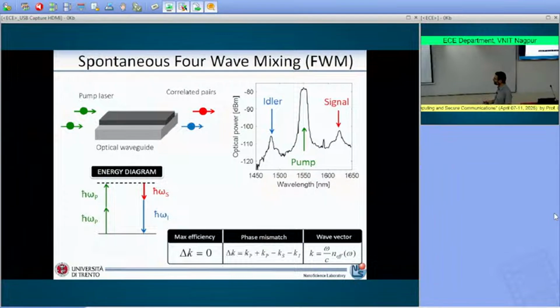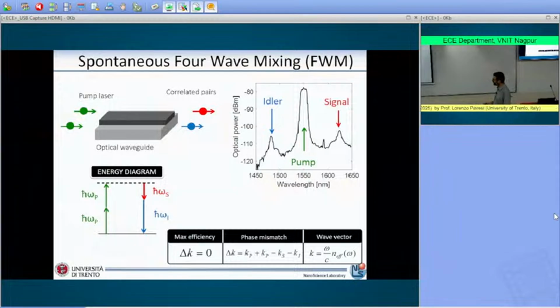In this process, we have two photons propagating inside the optical waveguide, and then they spontaneously annihilate, generating a pair of photons that are correlated in time and that satisfy the energy conservation requirement, by which the energy of the two pump photons adds up and is equal to the energy of the two correlated photons that are generated.